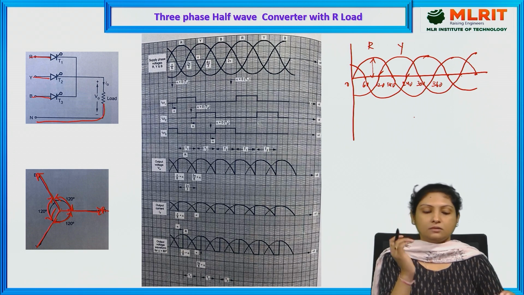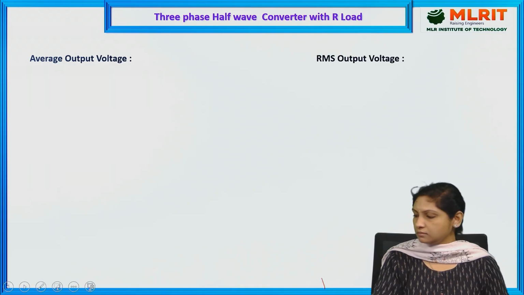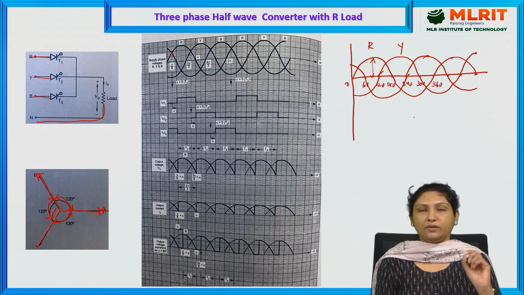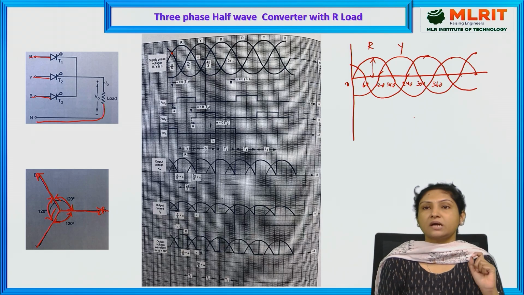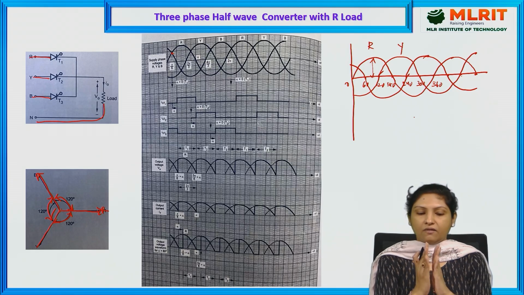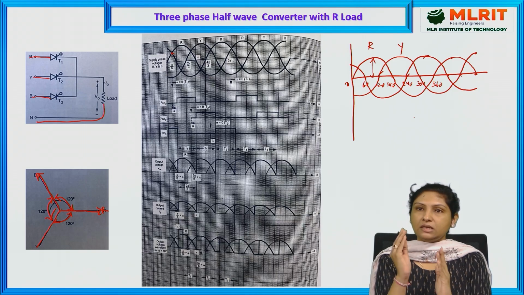And here, this is the zero crossing. So until this point, even if you provide the triggering pulse, the thyristor will not be able to conduct. The moment it reaches zero crossing, after exceeding this zero crossing, we can provide the triggering pulse to whichever is forward biased.